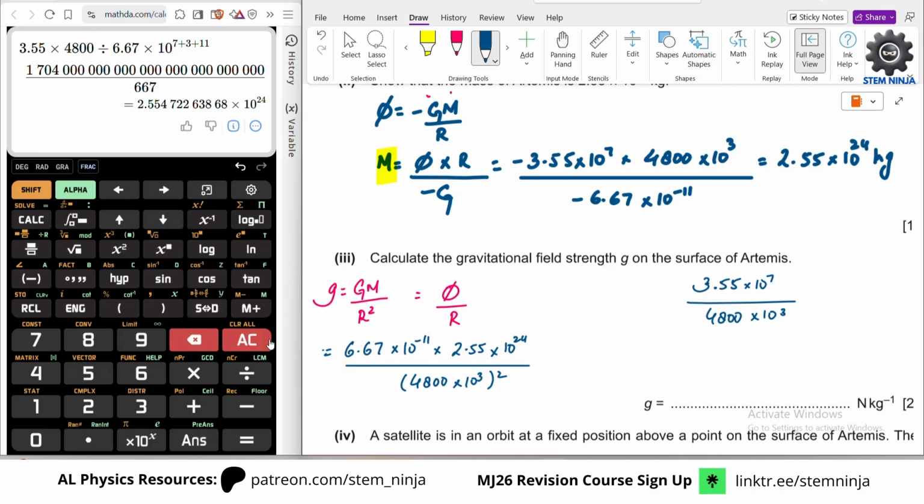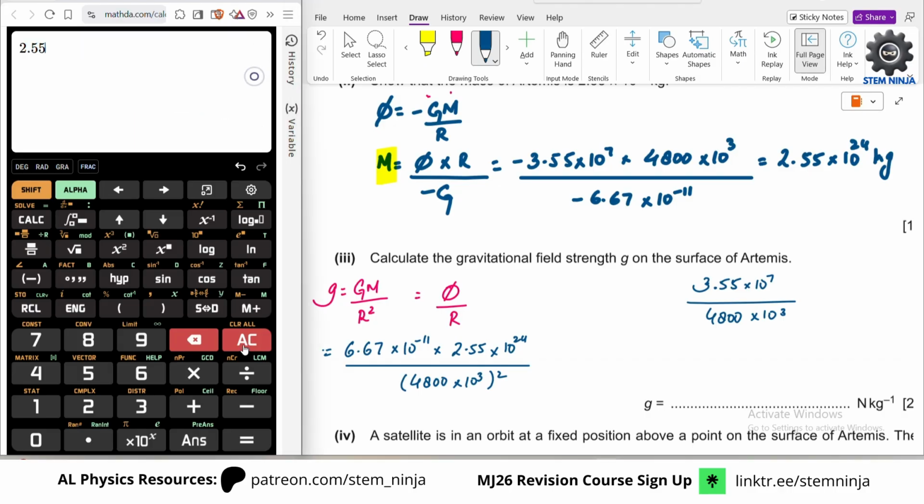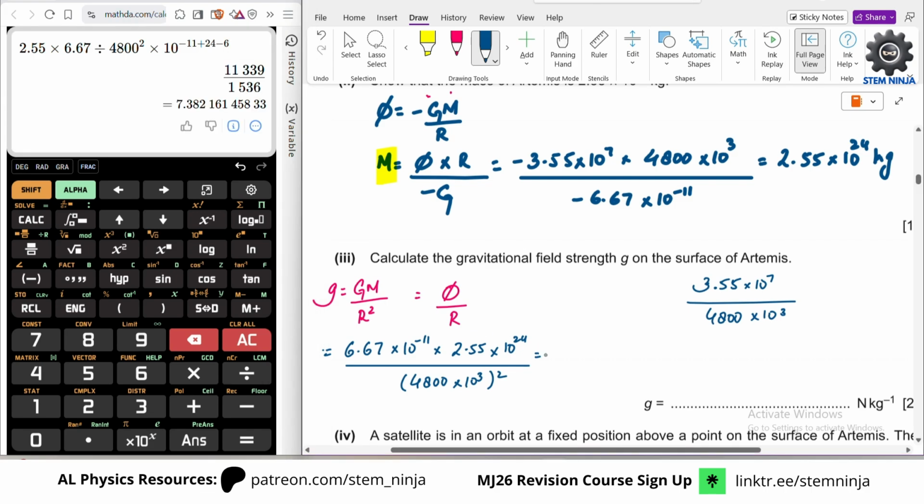Now let's see if we get the same thing or not. 2.55 times 6.67 divided by 4,800 squared, times 10 raised to power minus 11 plus 24 minus 6. So you get 7.38.